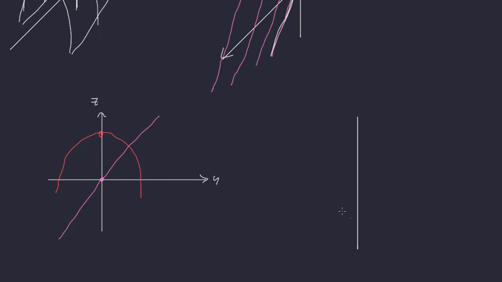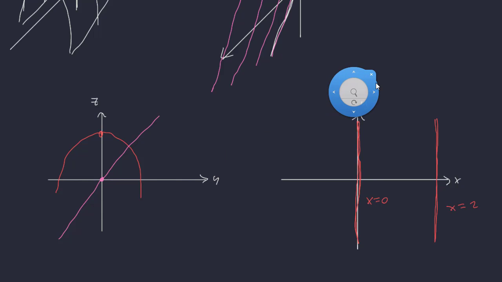So on the xy plane, we can actually think of these as sort of cylinder-ish as well. X equals 0 is going to be this line here. X equals, I believe it was 2. Let me just double check on that.